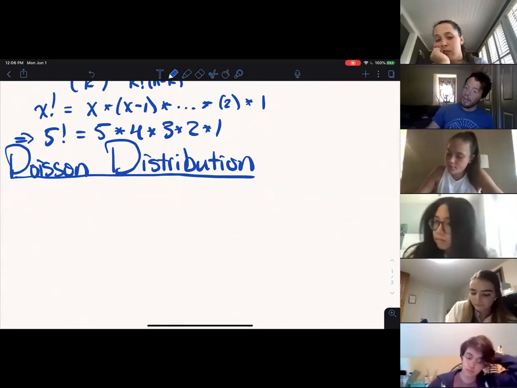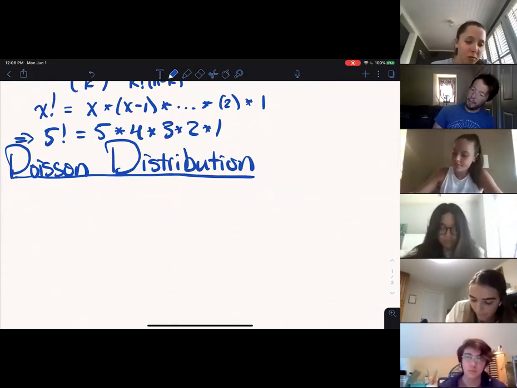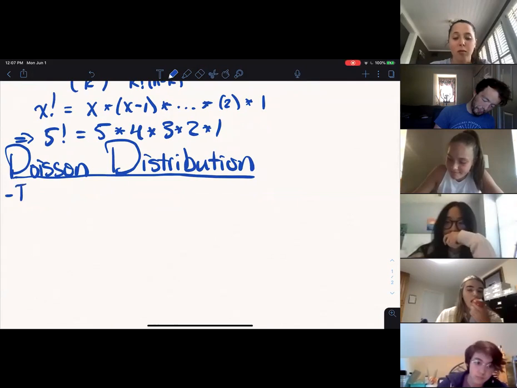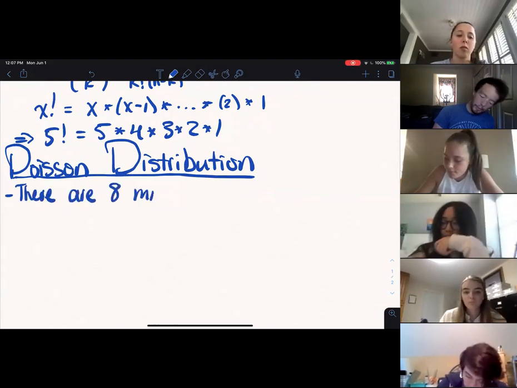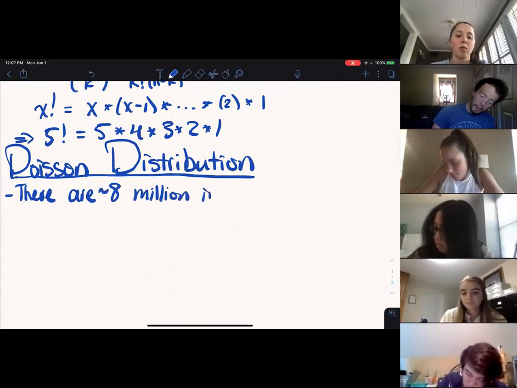So let us explore the Poisson distribution by means of an example. There are around 8 million people in New York City.